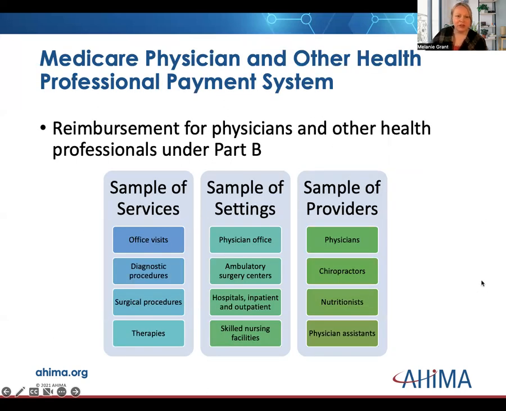So to look at those pieces, the first part is that we're talking about Part B under the Medicare insurance plan. With Part B, this is identifying specific services like your office visits, diagnostic procedures, some surgical procedures, but not surgical procedures that would be done in, say, a same-day surgical practice, and of course, some therapies. They've given us some of the settings here. You'll notice some of these are similar to our other settings.